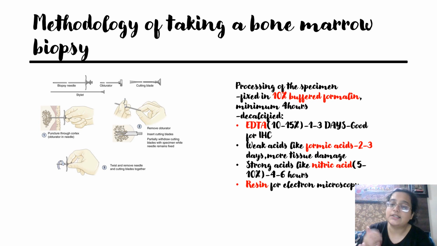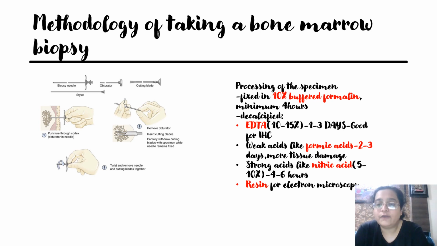These surface proteins are those markers which we want to study for the IHC. So if you are using something like a strong acid, then your IHC potency will be spoiled. You might get a background, you might get weak staining, your tissue gets spoiled for IHC. That is why there we can use EDTA, because you all know that EDTA is basically a chelating agent.